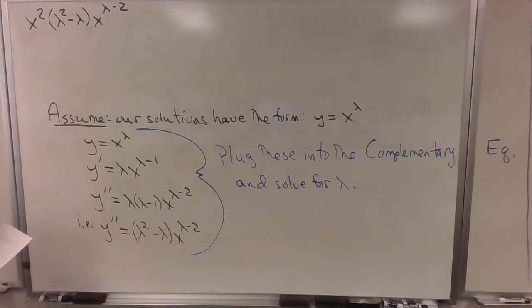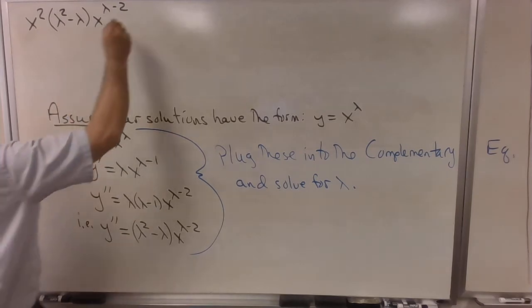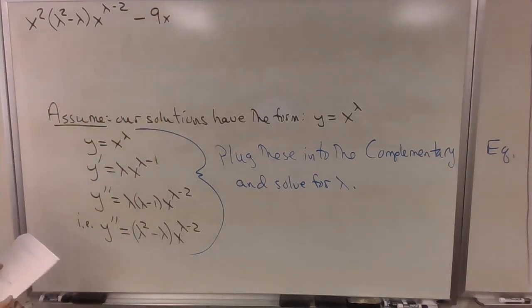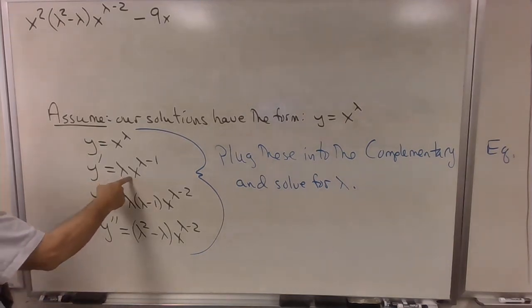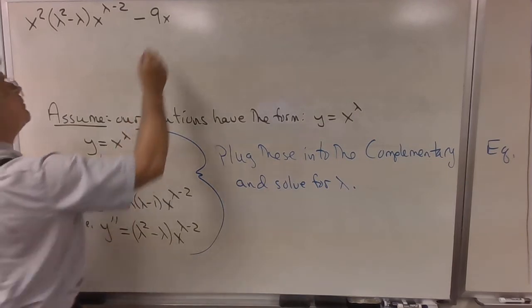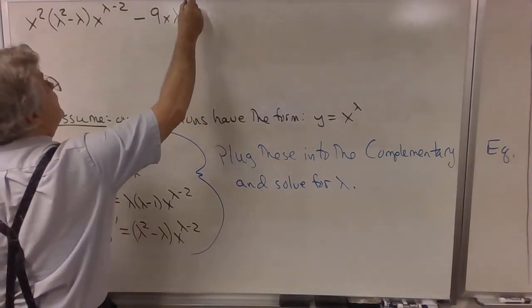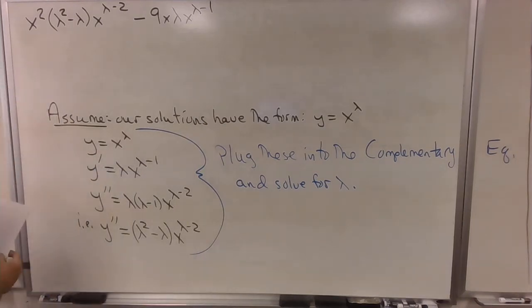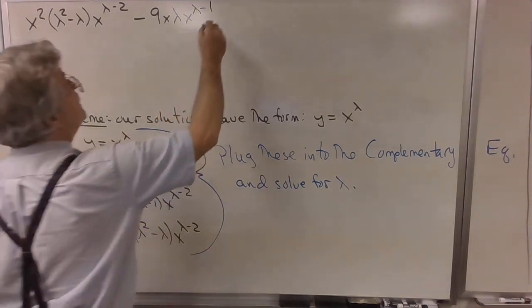And then we have minus 9x y prime, so lambda x to the lambda minus 1. And plus 25y.